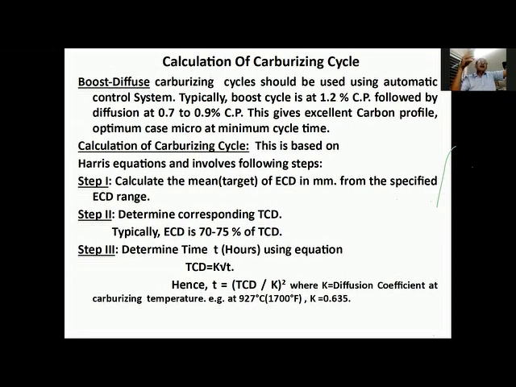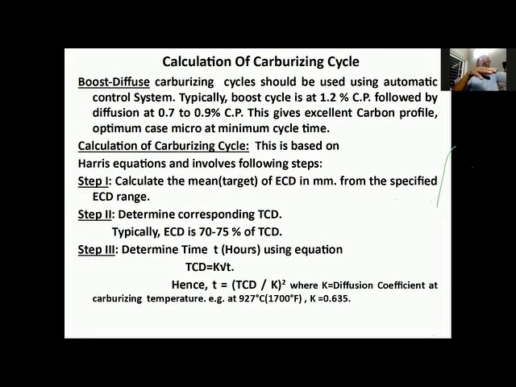And in the second part, the diffusion, you reduce the potential to between 0.7 to 0.9%, depending on the alloy grade that we discussed. That will give you a final carbon which is optimum to obtain the surface microstructure, surface hardness, and good performance in the field.